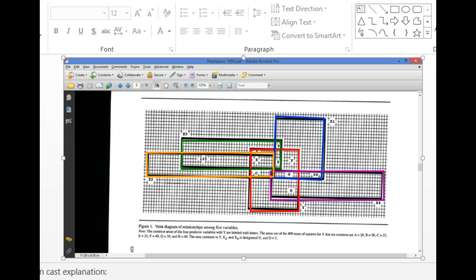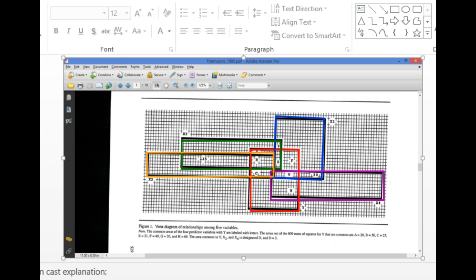It's kind of like a Venn diagram, but without circles, it's squares this time. So we have our x1 variable, which is noted as the blue square. We have the x2 variable as the yellow rectangle, and x3 is the green rectangle, and x4 is the purple one. And so you can see that they share variance with the DV to varying degrees.